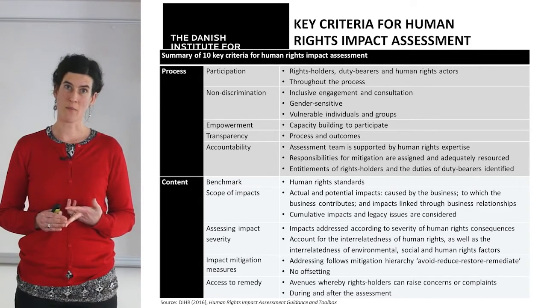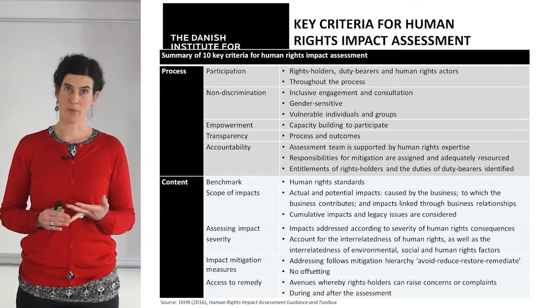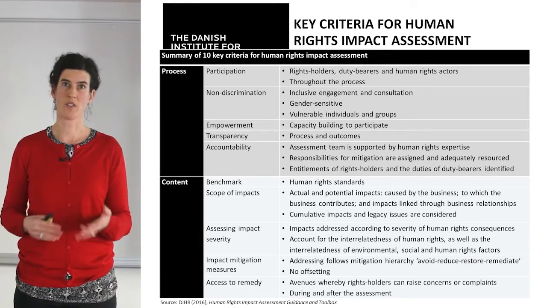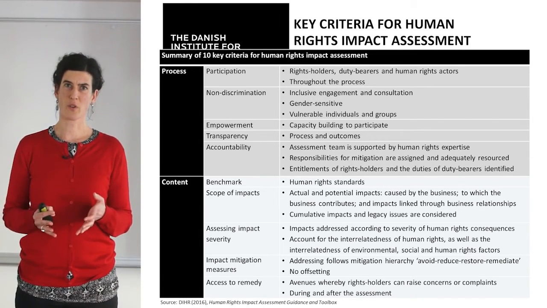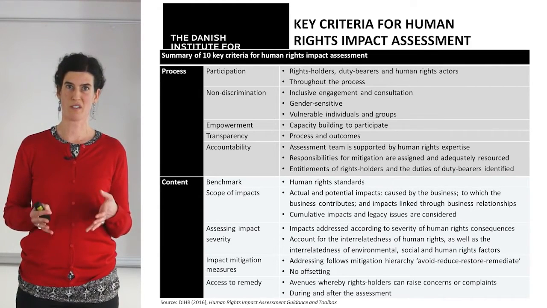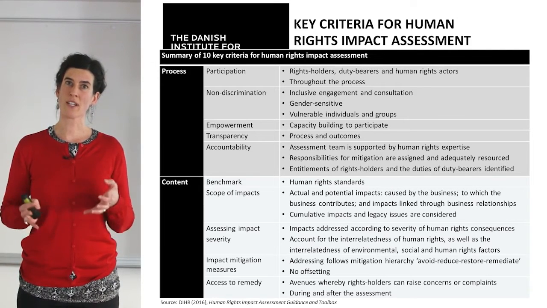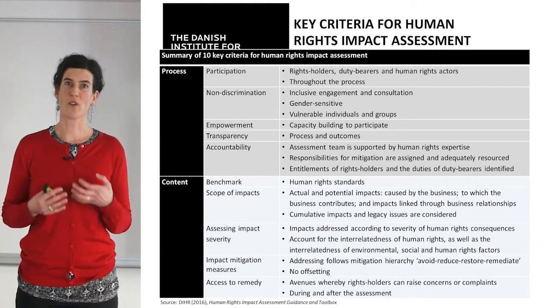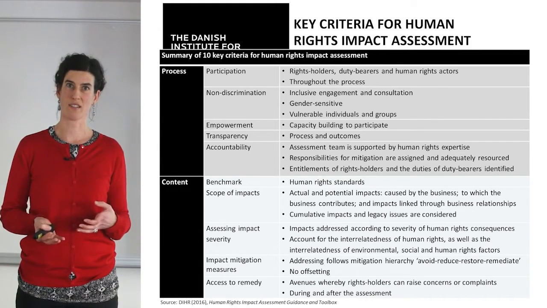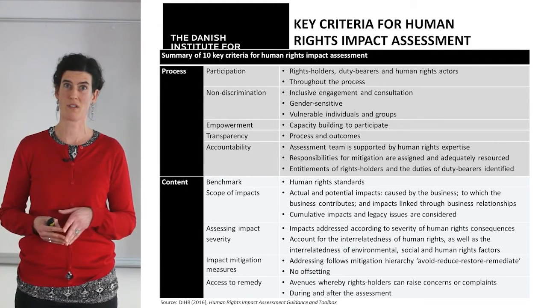It also places an emphasis on aspects such as transparency, on avoiding impacts over, for example, simply going straight to compensating those, etc. So not all of those criteria are new, and not all of them are exclusive or explicit to the practice of human rights impact assessment, because of course human rights impact assessment also as a methodology draws on all the established principles and practices that have been developed through, for example, environmental and social impact assessment.